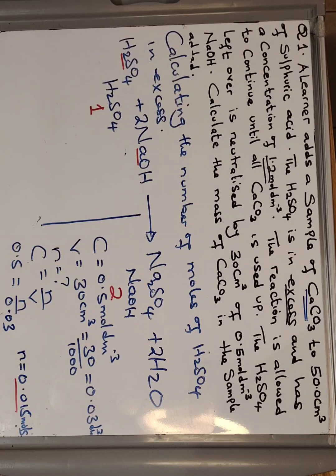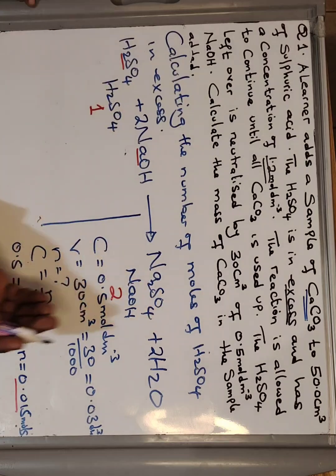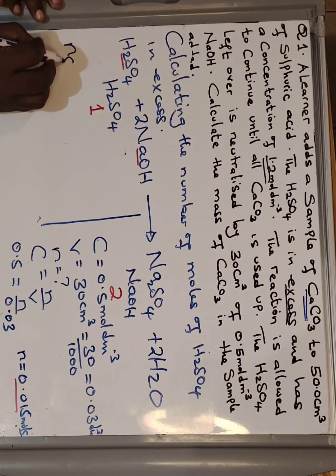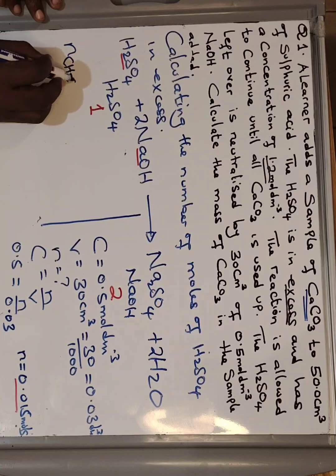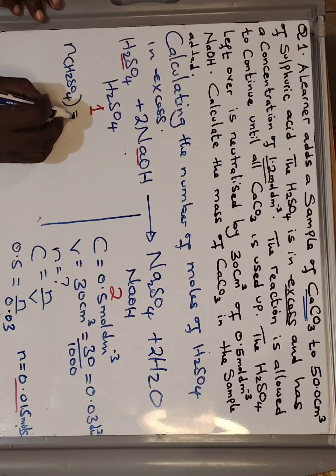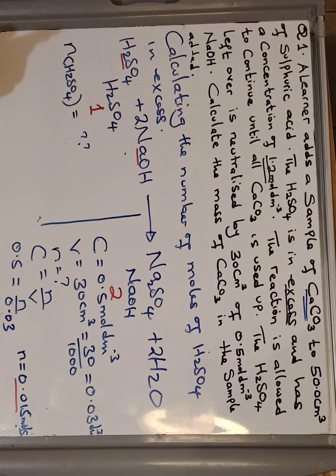So what is next? What is next is to use the known to calculate the number of moles of sulfuric acid which reacted. And you have to know that these are direct proportional ratios.